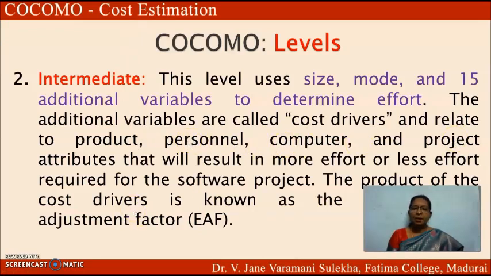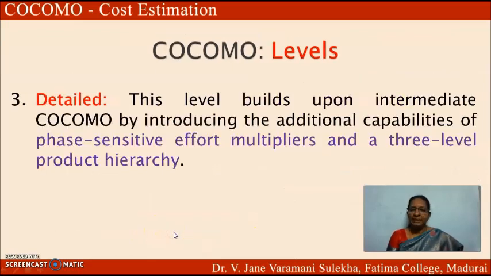Then these cost drivers are named as environmental adjustment factor, that is EAF. Detailed COCOMO. This level builds upon intermediate COCOMO by introducing the additional capabilities of phase sensitive effort multipliers and a 3-level product hierarchy.